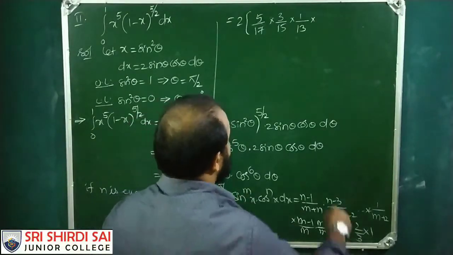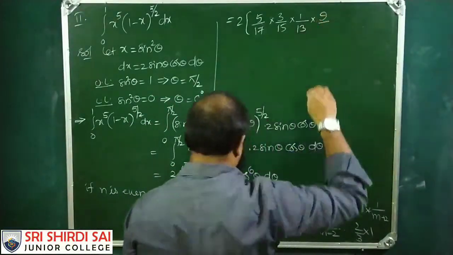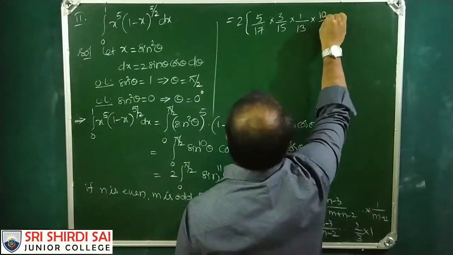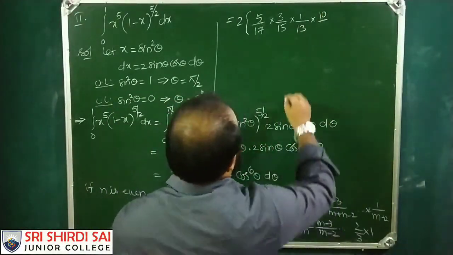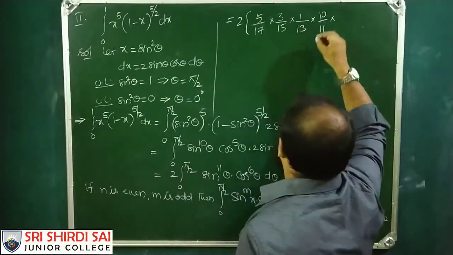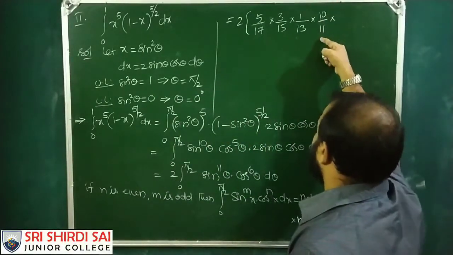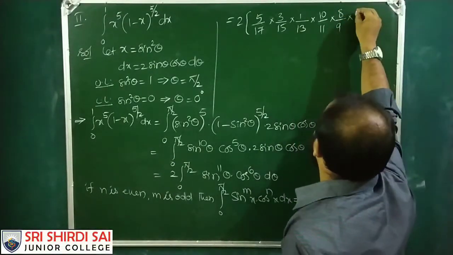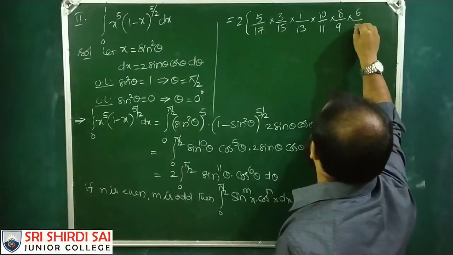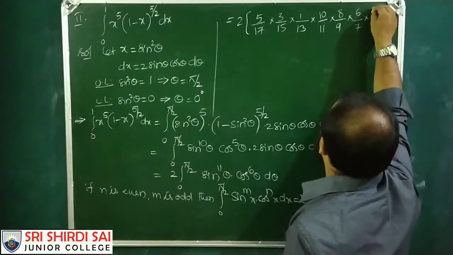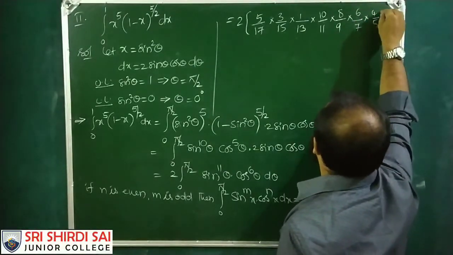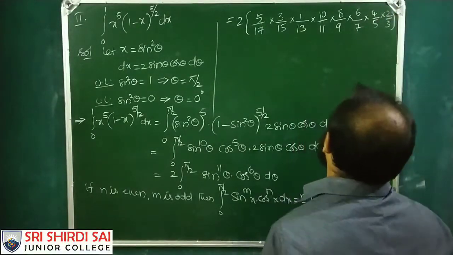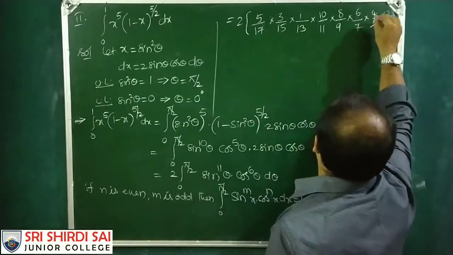So 11 minus 1, which is 10 by 11, m is 11. So reduce it by 2 both on the numerator as well as denominator: 8 by 9. Further reduction is possible: 6 by 7, next 4 by 5, and further reduction 2 by 3, and the next is into 1 only.